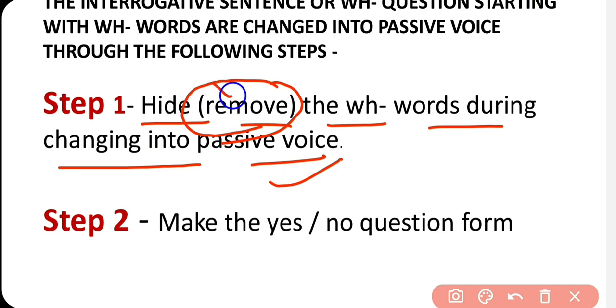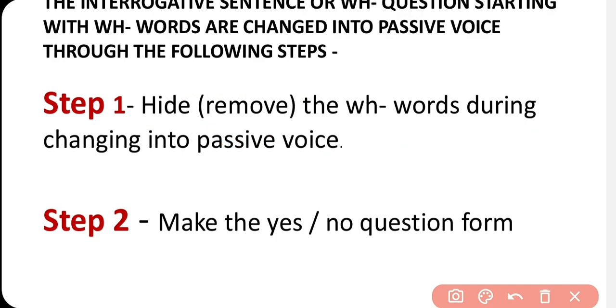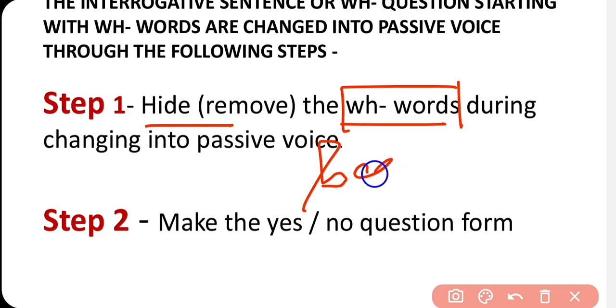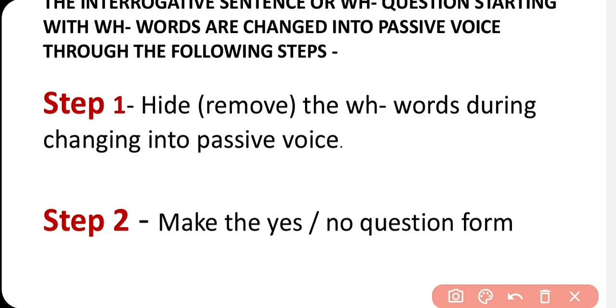So you have to remove the WH question first if you want to make the passive form of these type of questions. If you are a beginner, then you have to follow these rules. It is for the beginner.